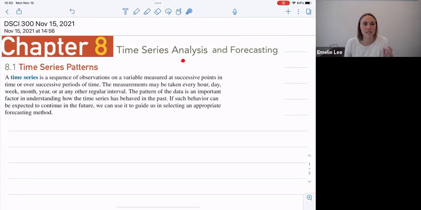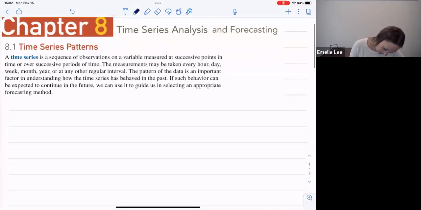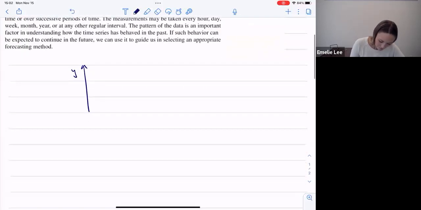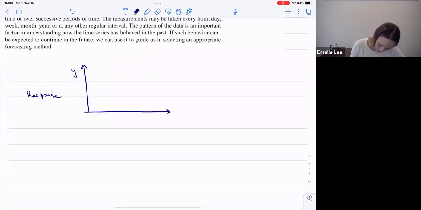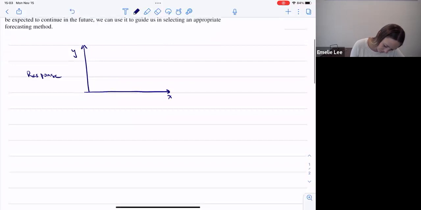So time series analysis is a special case where we have a time variable on the x-axis. Okay, and so a time series in general is when we have something like this. So we've got some y, some response variable, and then on our x-axis we've got some time measurement.